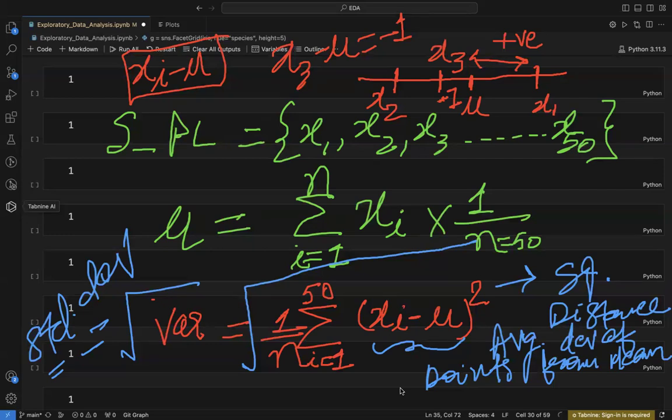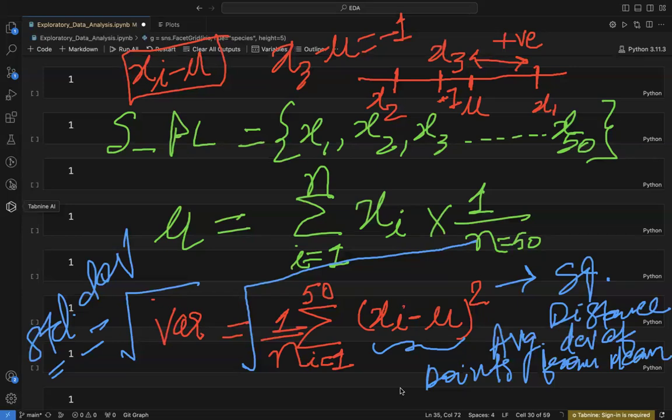So if your standard deviation is small, you know that the spread is small. The word spread is a simple English word, but what I actually mean mathematically is standard deviation.